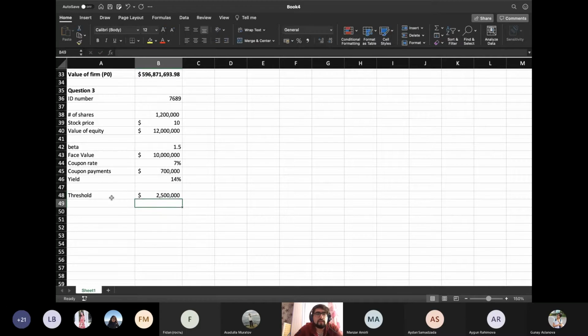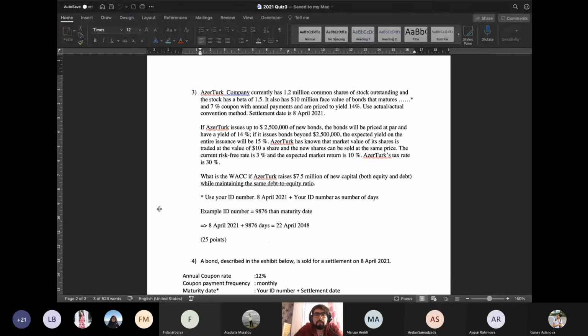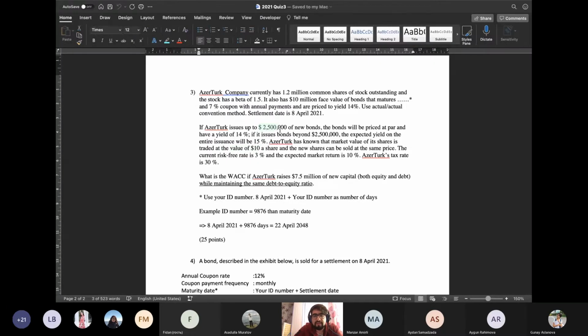Okay, this is our threshold value for our bonds. Price is also the same as face value because it will be traded at par, and you know that par bonds have the same price as face value.